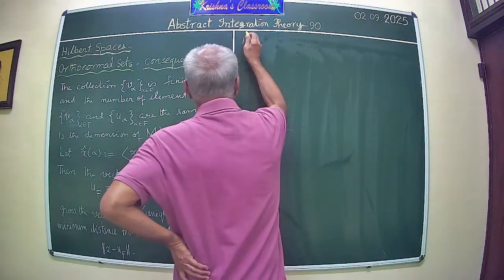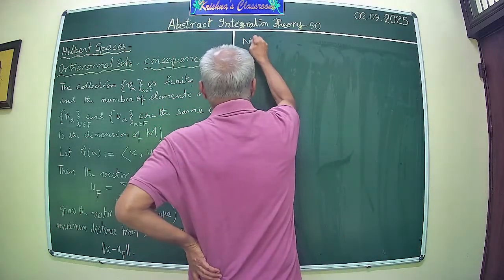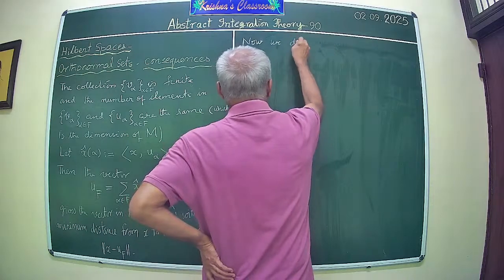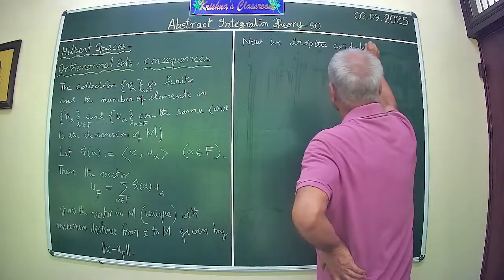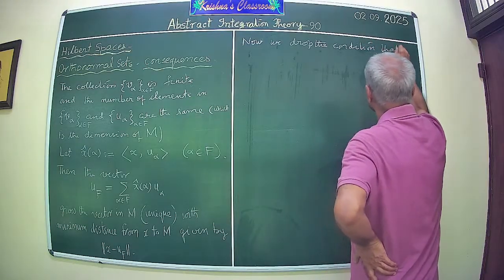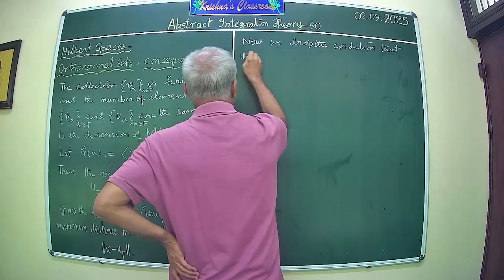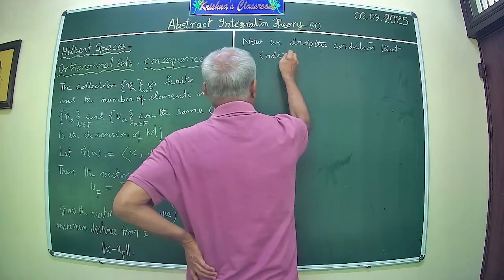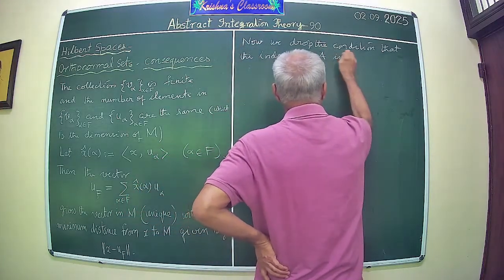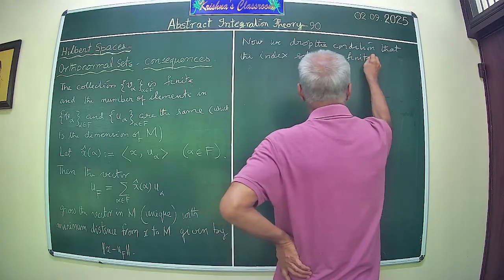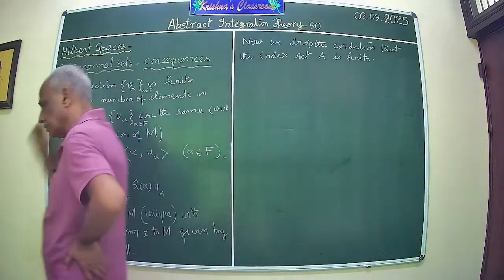Now we drop the condition that the index set is finite, that is we are not assuming A equal to F. So A need not be finite.